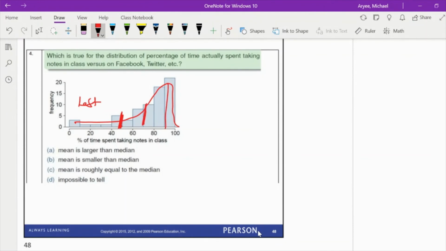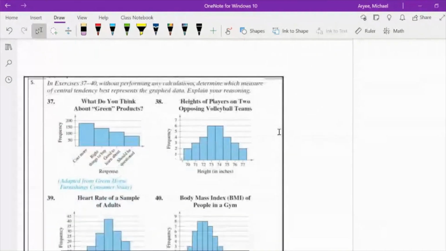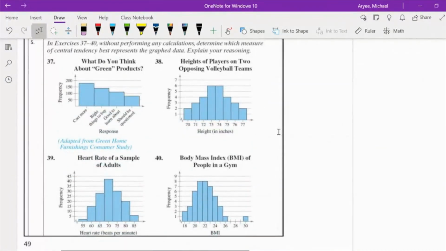So here, the mean would have a lower number than the median, right? Mean, then this will be the median, and this will be the mode. So the mean will be smaller than the median.